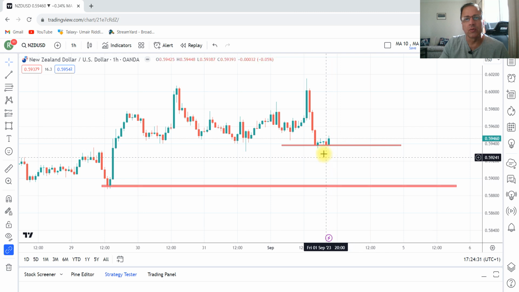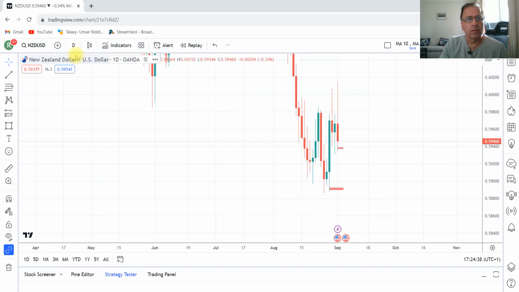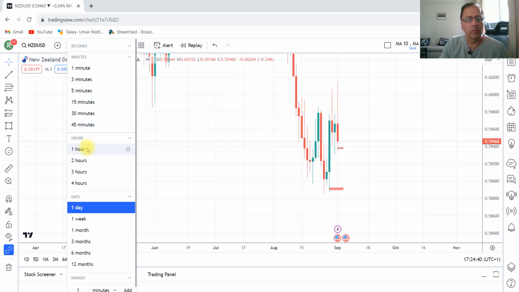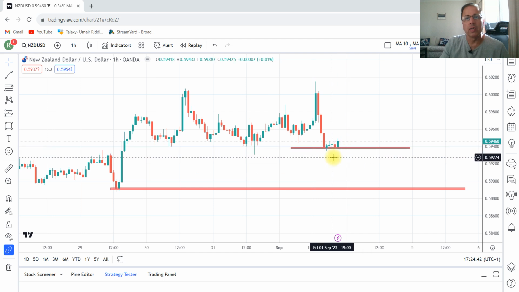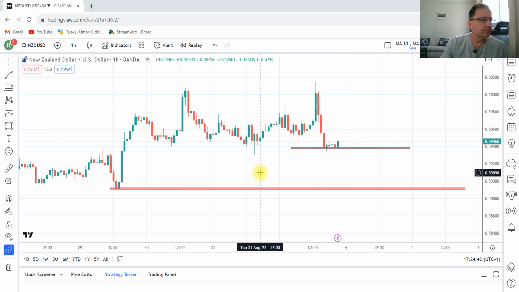So what I would like to do is wait for it to break down this 1-hour support line. If it breaks down, then trade it down to these lows.